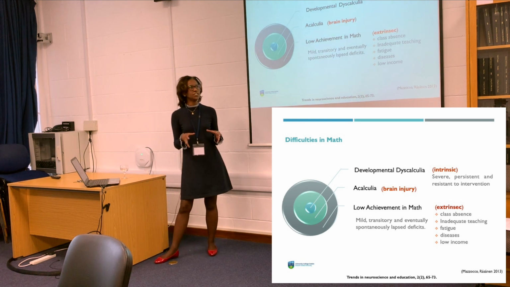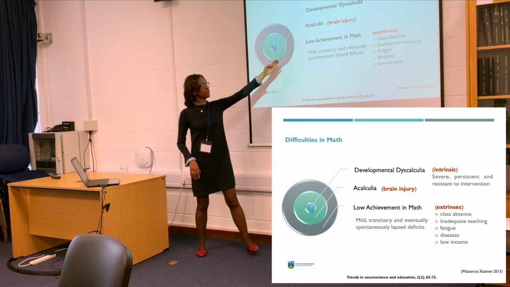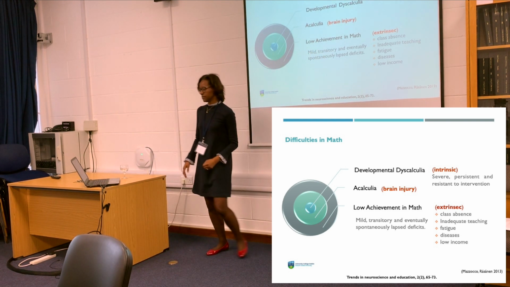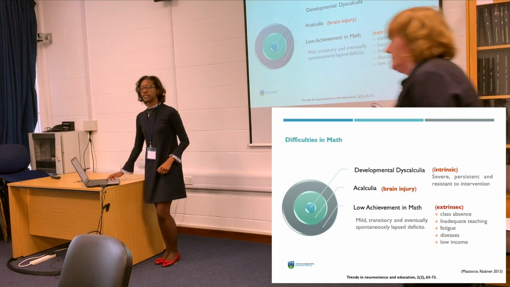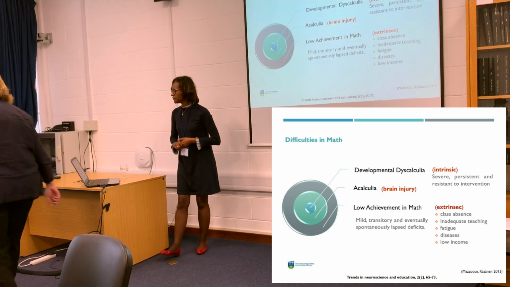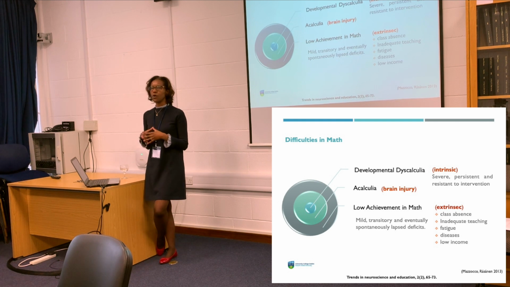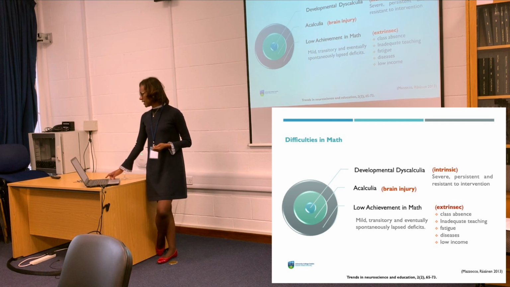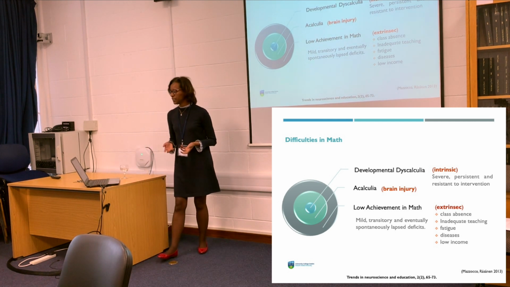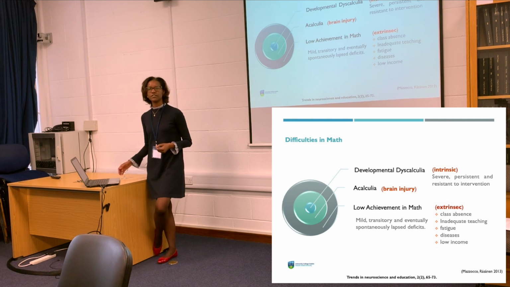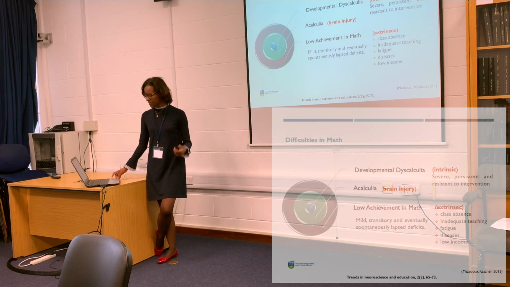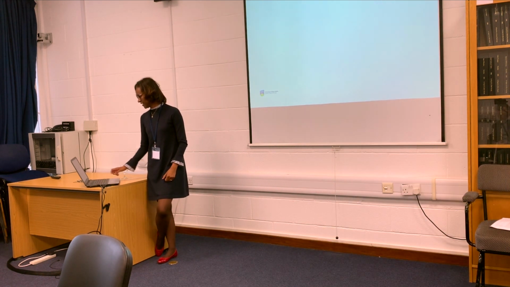In those conditions, we probably will have low achievement in math, which is different from developmental dyscalculia, which is actually an intrinsic cause. Let's say everything surrounding the child is fine, but the child cannot learn. So in these cases, we might see severe, persistent deficits that are resistant to intervention. So this is our target from now on.